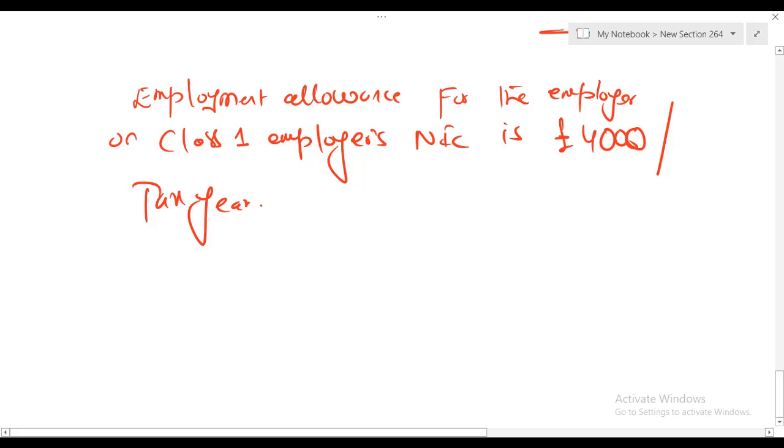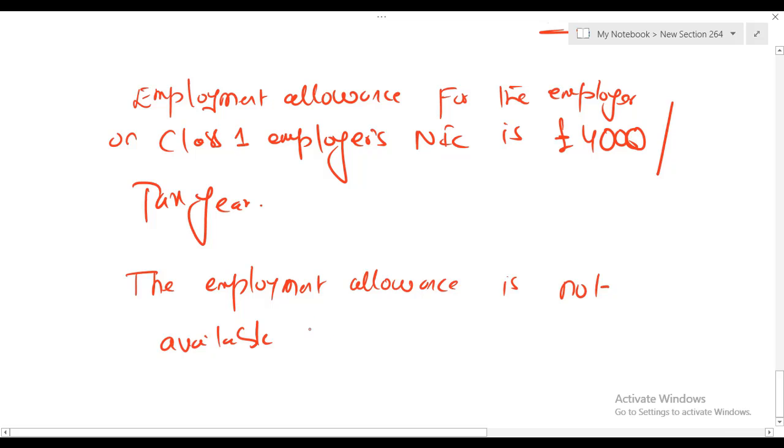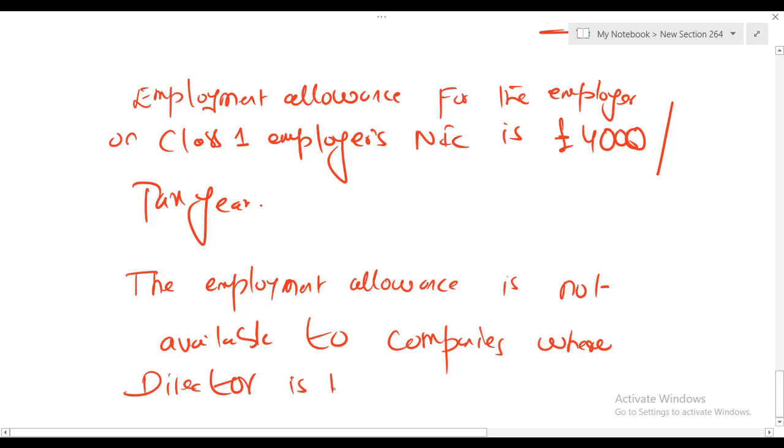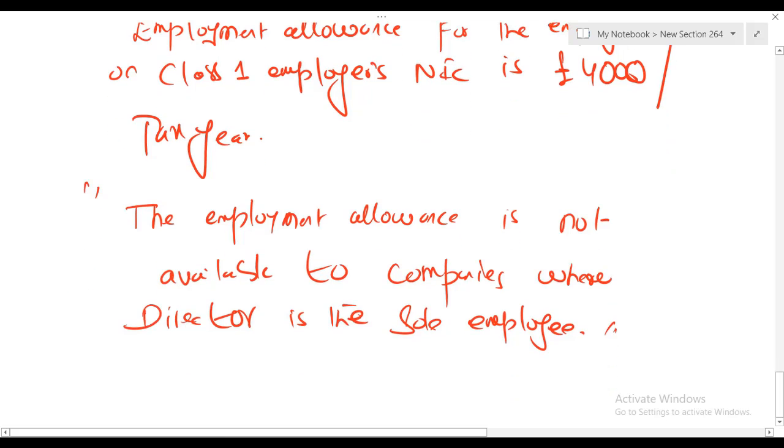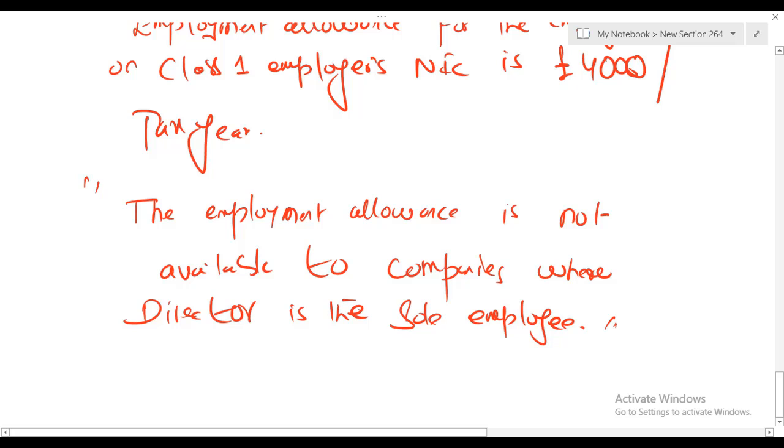But there is one more important point. What is it? The employment allowance is not available to companies where the director is the sole employee.